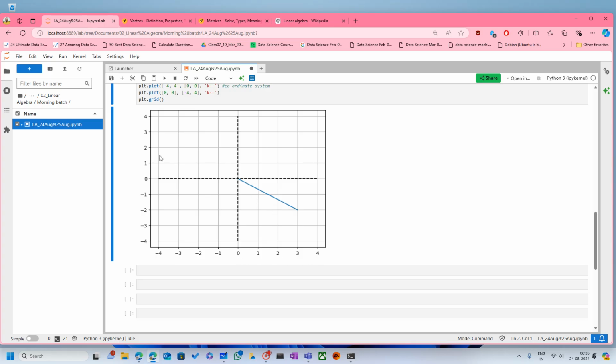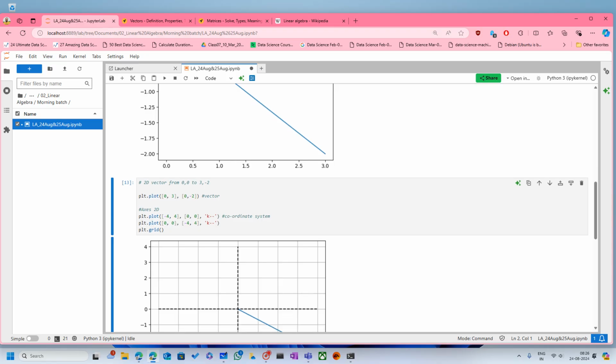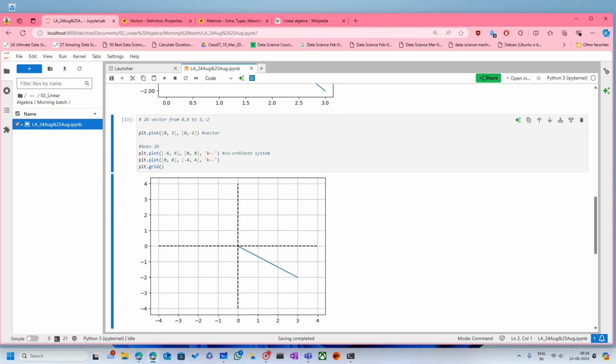So 0 to 4 I have added. Okay, in order to add 0 to 4 you have to take the x-axis. So this is 0 to -4 here in this direction. 0 to -4 I have added, and if talking about the points, -4 to 4.